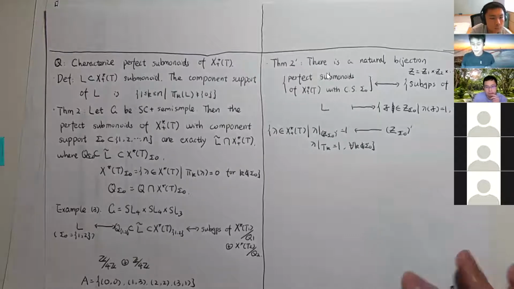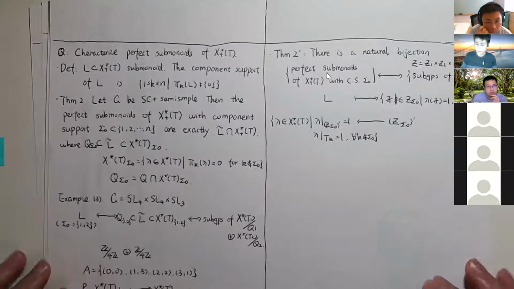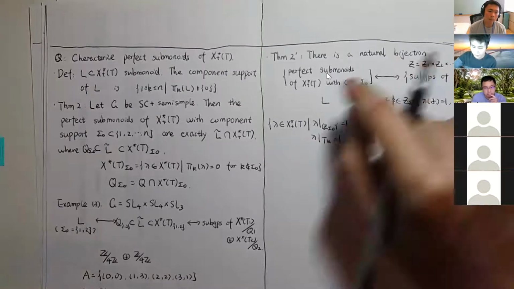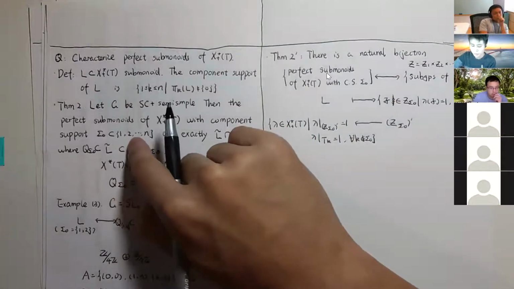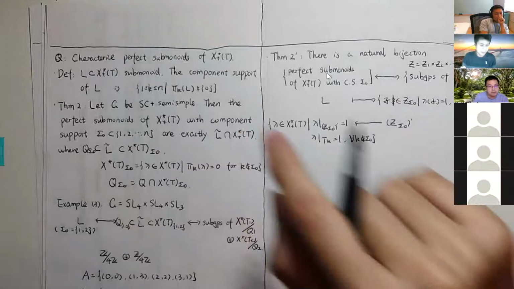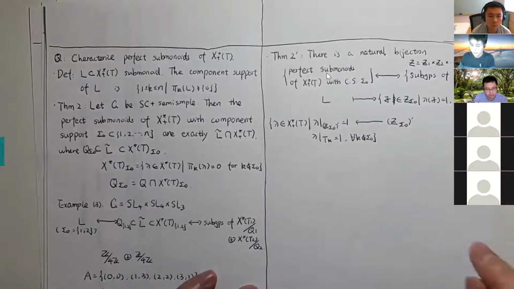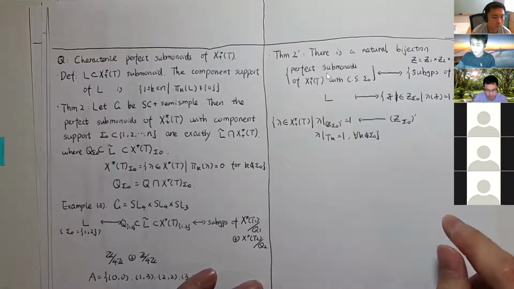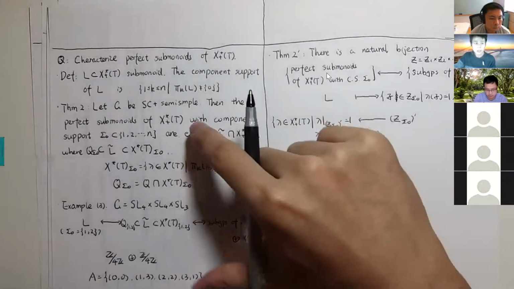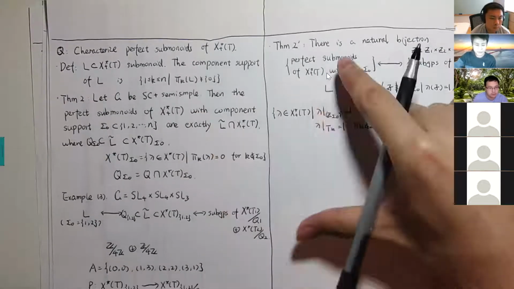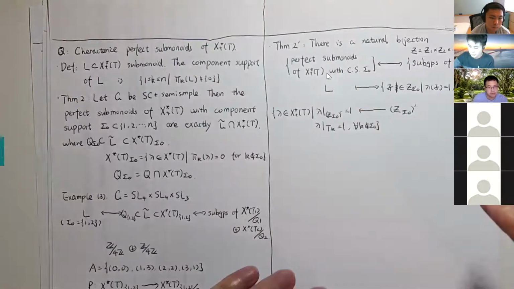One thing I also want to mention is that when sigma 0 here is equal to 1, 2 until n, then we call this case the full component support case, because we will need to use that case later. So these are two results on characterizing the perfect submonoids.